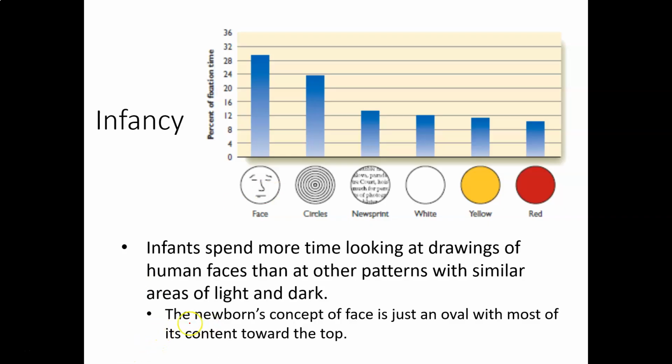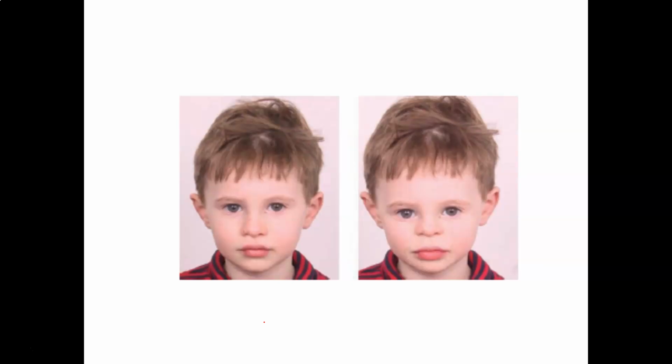But what's interesting is that a newborn's concept of a face is very simplistic. It's just an oval with something that resembles eyes, nose, and a mouth centered in the middle. So if you look at these two images, you would recognize that they're not the same person or face. Something's changed when you compare this first image to the second one.